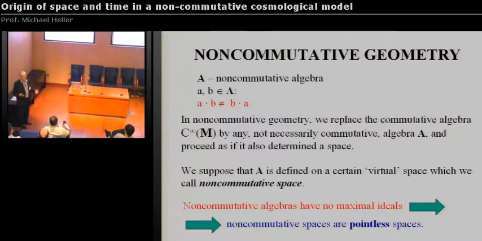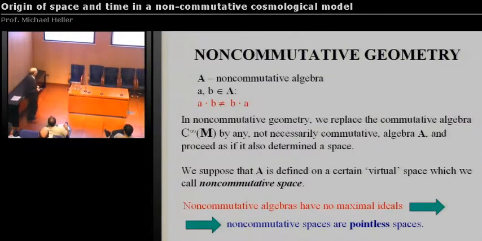Well, if we adopt non-commutative geometry to model the universe, of course, our macroscopic universe is a commutative one. But if we go to the Planck level, we could expect some sort of non-commutativity.